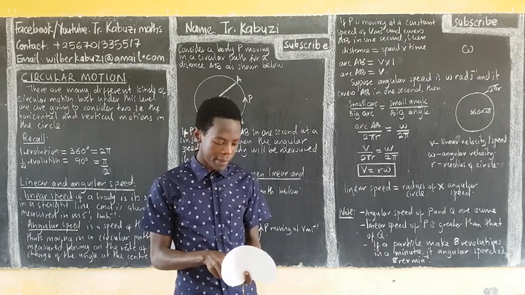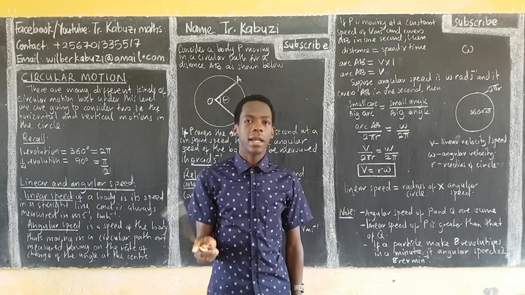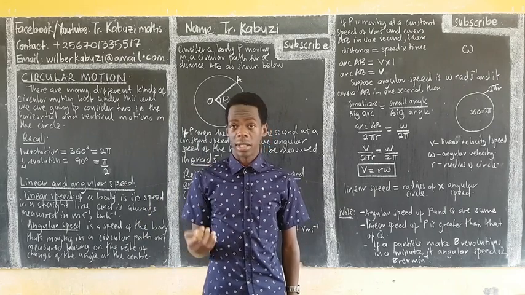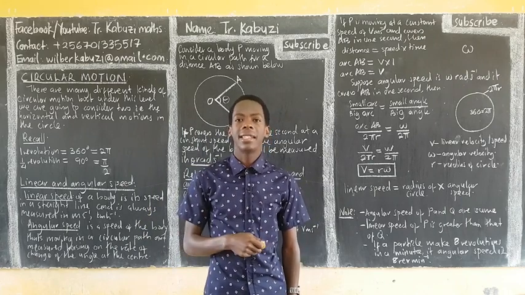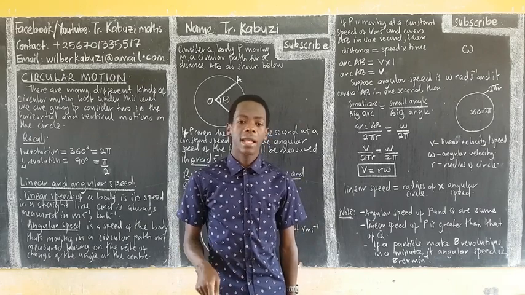For example, if I make 3 revolutions, 1, 2, 3, I've moved those 3 revolutions in how many seconds? Say in 2 seconds, in 3 seconds, in 1 second. So that will be the speed.